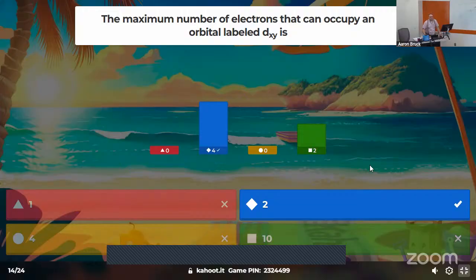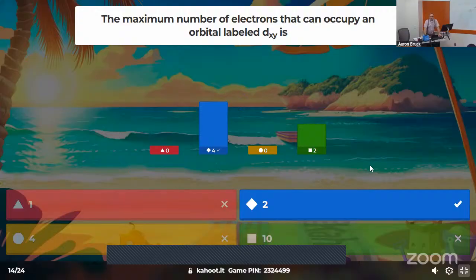Didn't read the question correctly. Okay, let me ask you this. What if the orbital was a p sub x orbital? How would the answer change there? What if it was a 4s orbital? How would the answer change there?